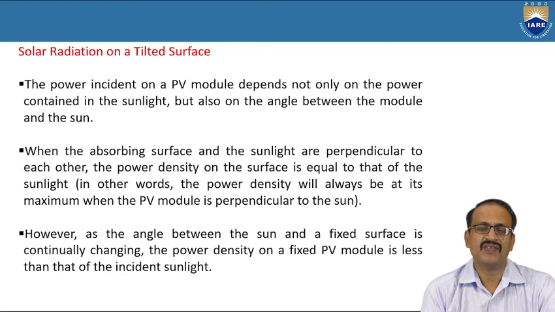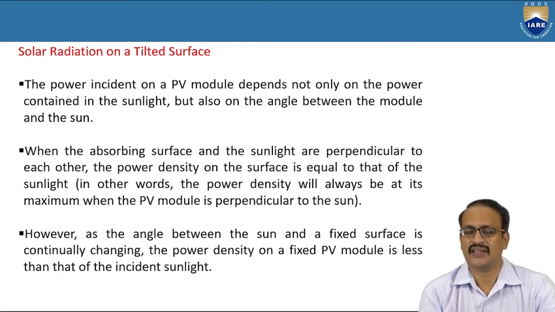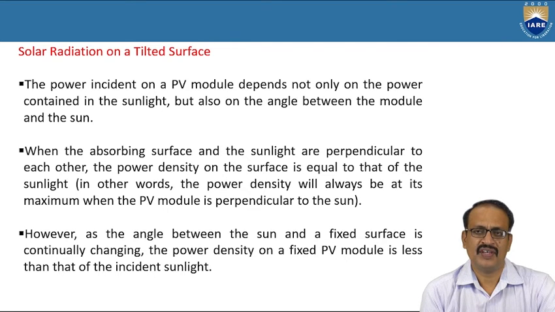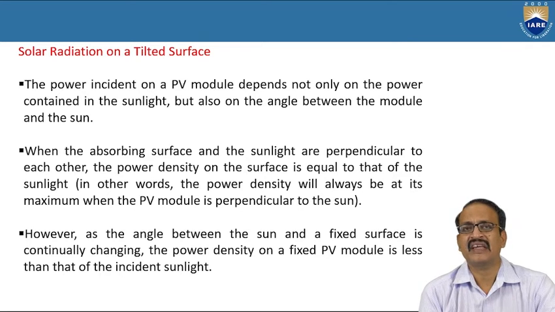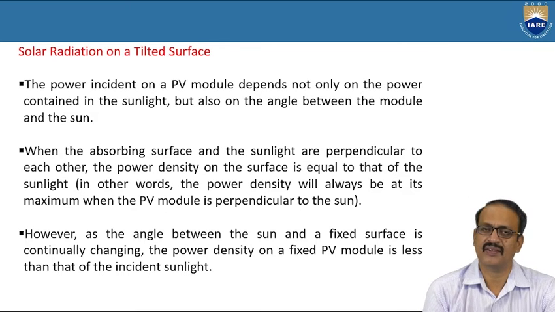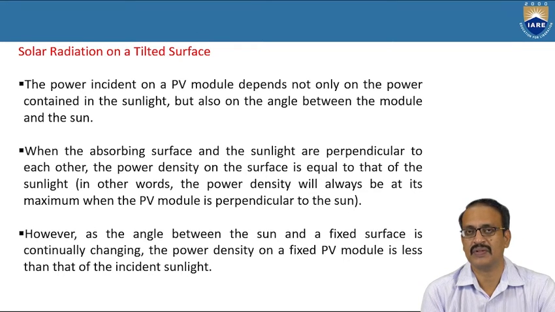So this energy which is reaching the earth, approximately 50% is absorbed by the earth's atmosphere. Only 50% is reaching the earth. In that 50% also, only 21% is the direct rays of the sun.